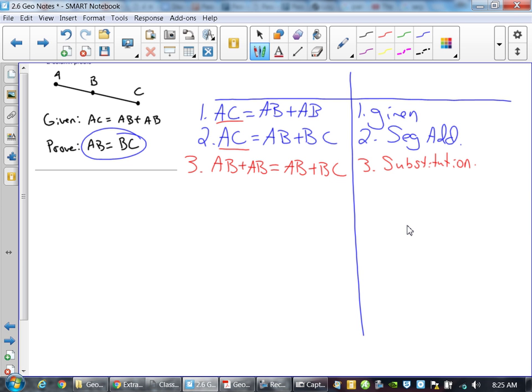What do you have to prove? AB equals BC. Well, I have an AB and a BC, and I have an AB and an AB. How do I get rid of the AB from both sides? Well, it's subtraction. If you're subtracting the same thing from both sides of the equal sign, what are you using? Subtraction property of equality. You're subtracting the same thing from both sides.